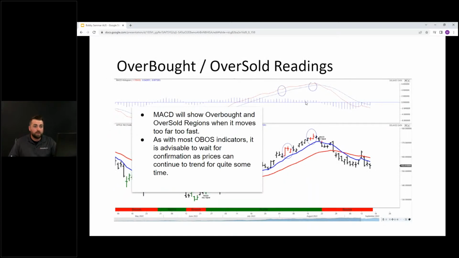Another thing that you can utilize with the MACD is to see overbought and oversold readings. The MACD will show overbought and oversold regions when it moves too far too fast. And the way that it does that, you can see the ratings on the histogram here. Some people will consider it at different levels, but once the line has gone far above the zero into these ranges, this is signaling that it's overbought and it could be reversing.